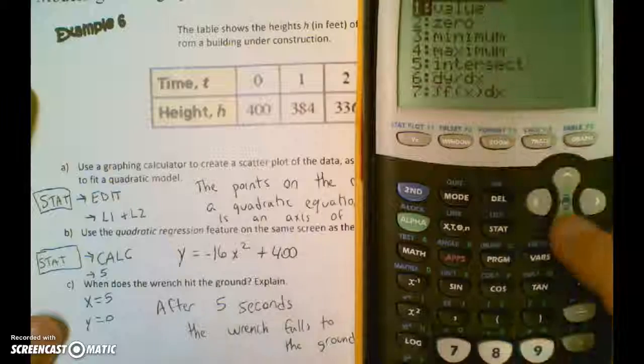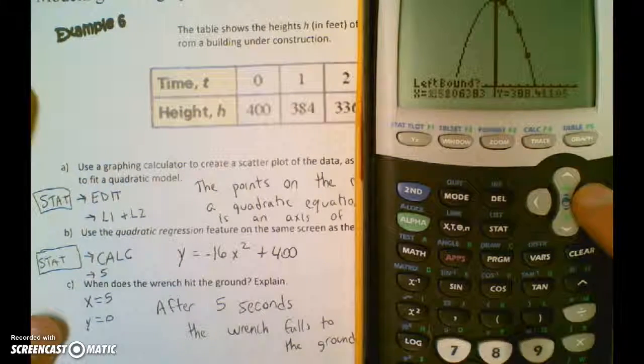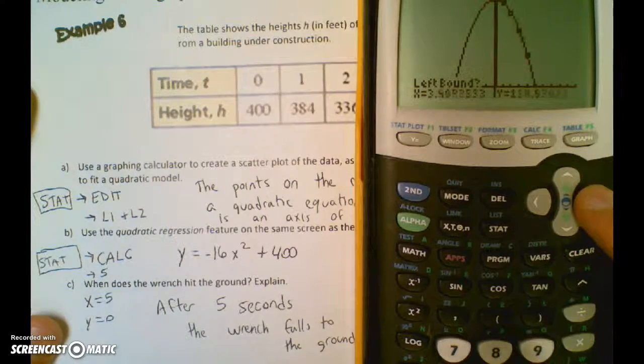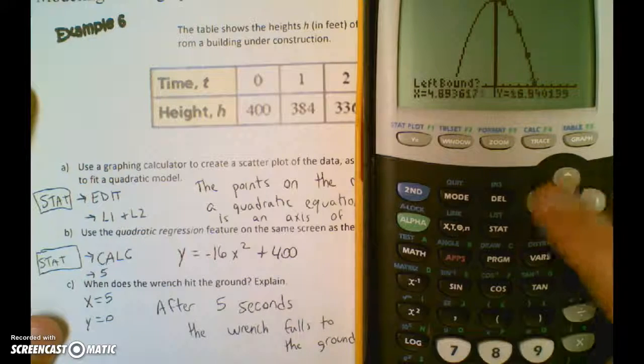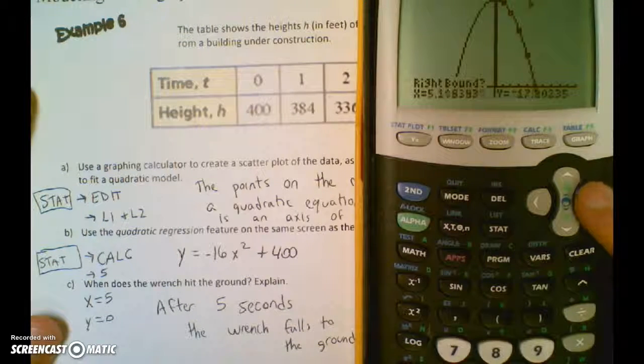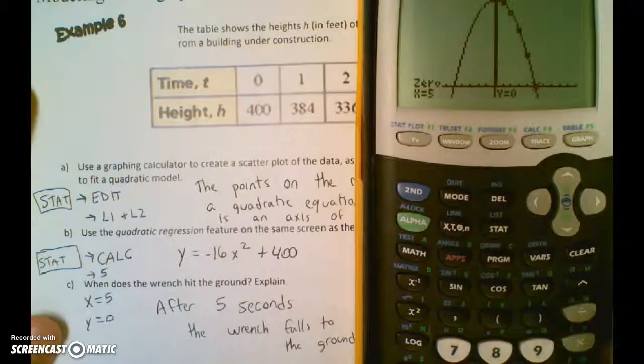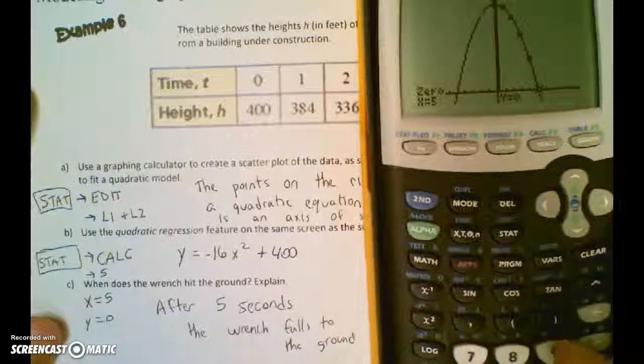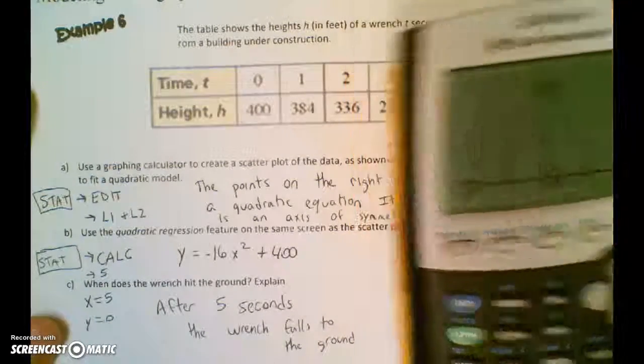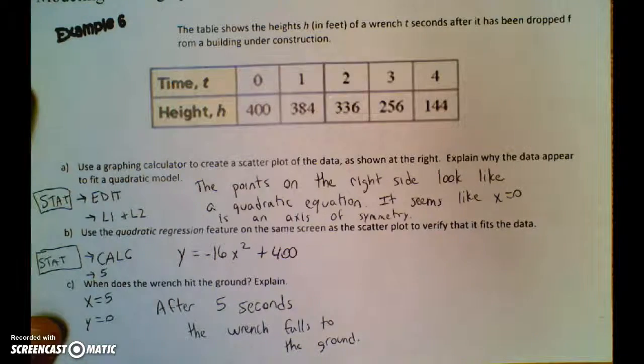And now let's try second trace 0. Yeah, so now you can get a better sense of where the cursor is if you were having trouble. Move it below, enter, and you get the same answer. Alright, that's how you can use your calculator to get the equation of a quadratic situation with the table that's given to you.